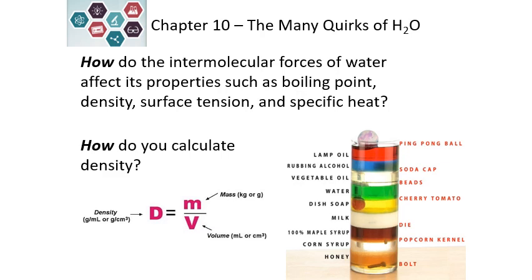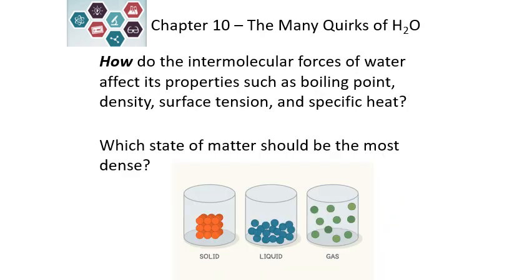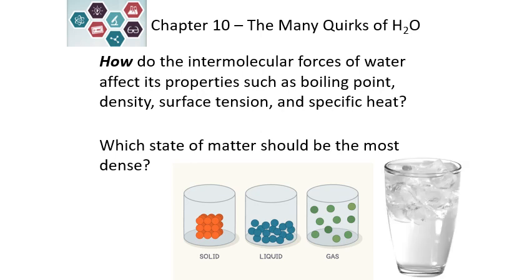The most dense is at the bottom, which is the honey. So which state of matter do we think is going to be the most dense? Well, solids typically are the most dense because the molecules are most closely packed. Liquids are a little less dense, and gases are significantly less dense than the solid.